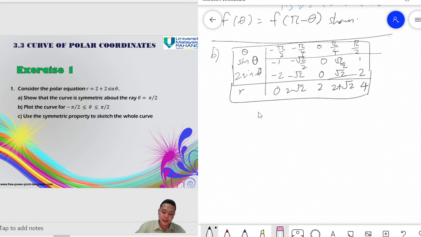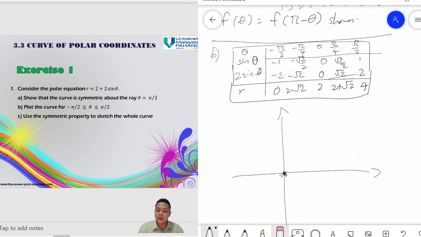As this is a cardioid, we try to sketch this. We start at negative pi over 2, negative 90 degrees, so it starts here on the left. At negative pi over 2, the value of r from the origin is 0, so you start here.